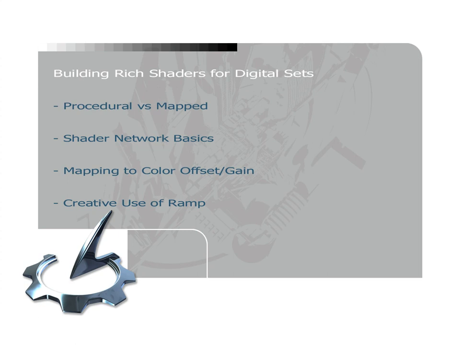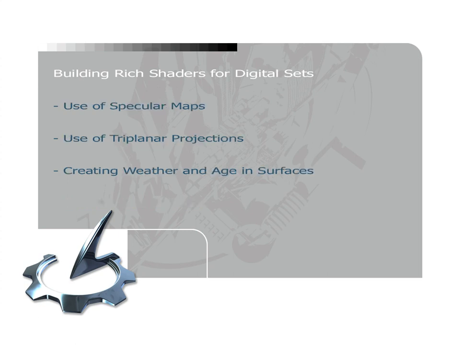Some of the topics we'll cover are using procedural or mapped approaches towards building your shaders, how to build basic shader networks using color offset and gain, creative use of the ramp tool, which is one of the mainstays of shaders, the use of specular maps, which for digital sets I think is crucial, and the use of triplanar projection, which is an absolutely amazing way to quickly texture a vast amount of your buildings and set pieces.